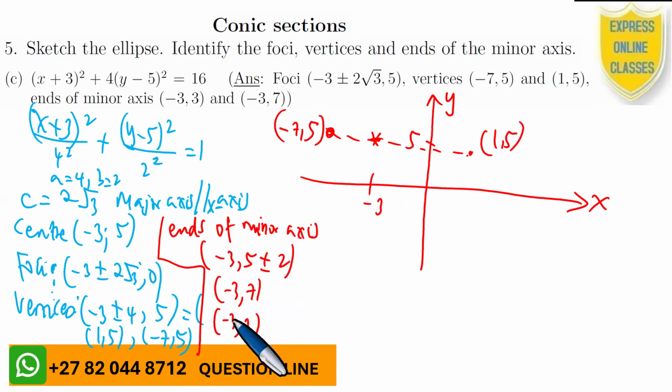The ends of the minor axis are minus 3, 7 and then minus 3, 3.